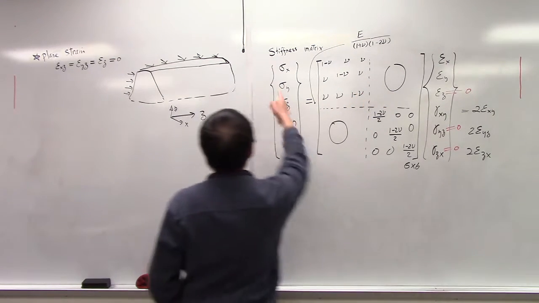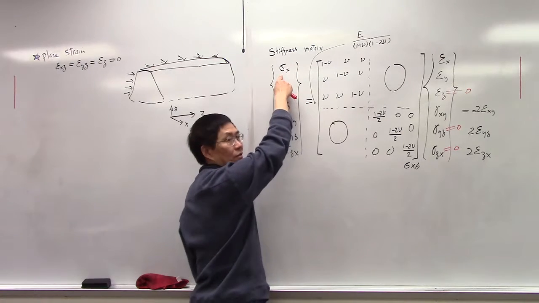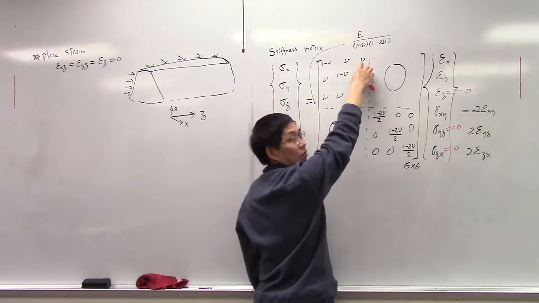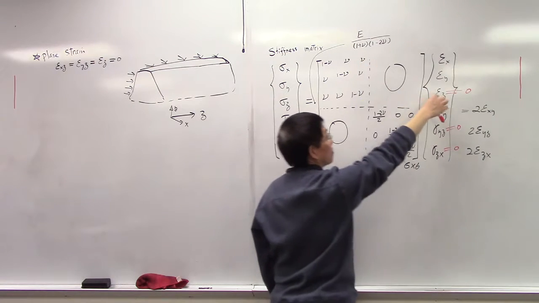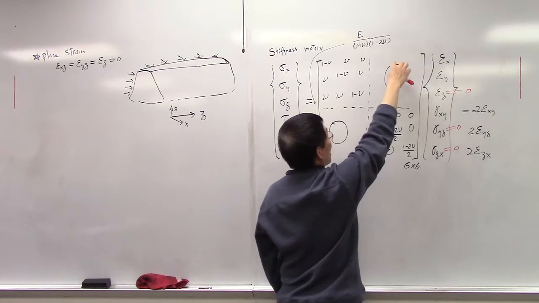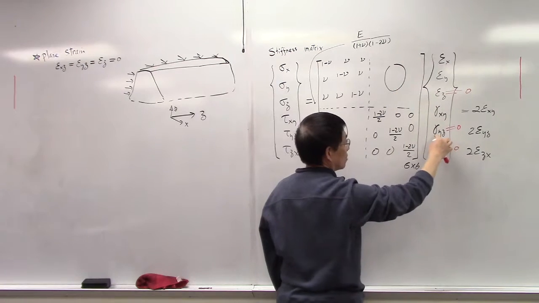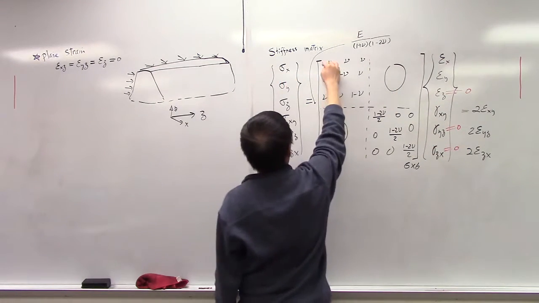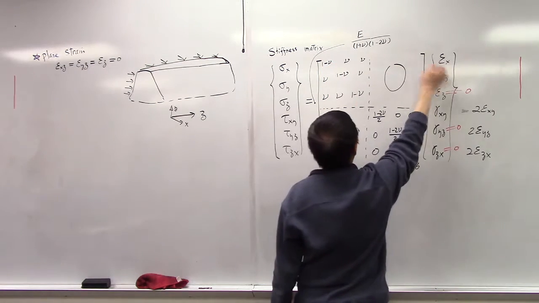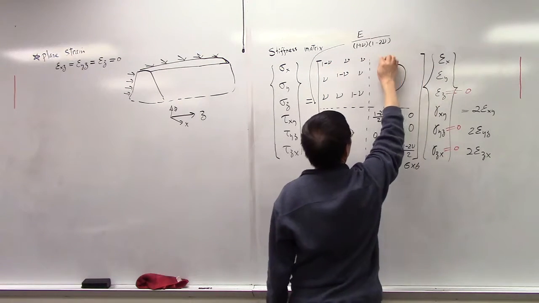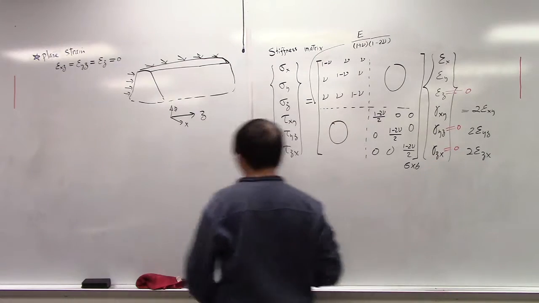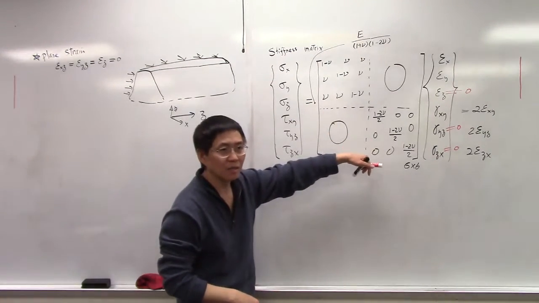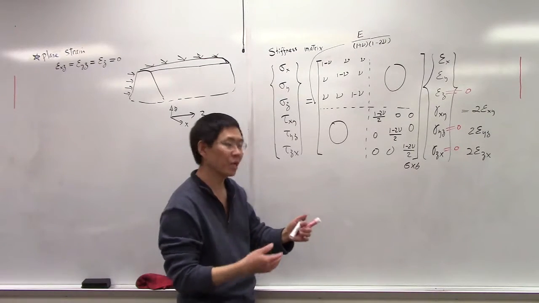Now, if you look at sigma x, these will play no role at all because they will be multiplied by 0 all the time. And also, these two numbers will be multiplied by these two zeros all the time. Therefore, sigma x will be equal to this times that, plus this times that, plus that times that.